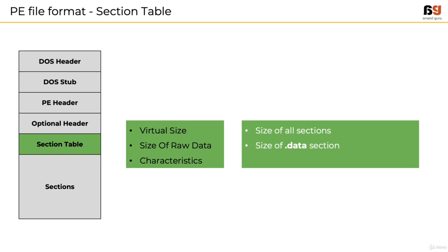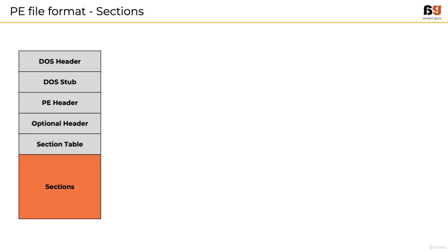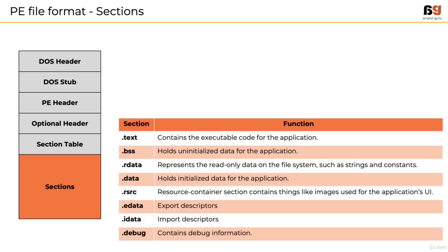And characteristics are the flags that describe the characteristics of a section, like if it is readable, writable, executable, etc. Finally, we have the section part in the PE file format. This part contains multiple sections depending on what the application is trying to achieve. Like the .text section contains the executable code for the application, .bss holds uninitialized data for the application, and so on.